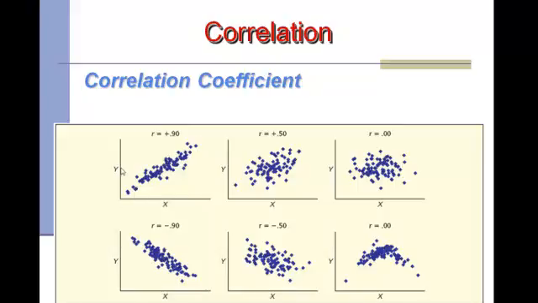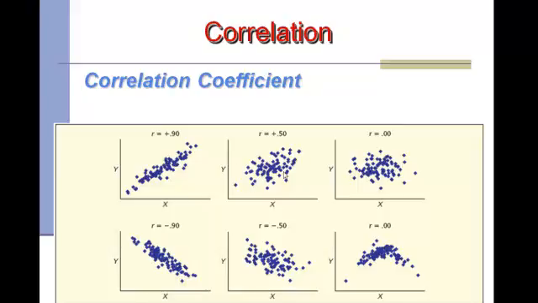You can see that X and Y are very positively related as they tend to slope upward as the values rise. They both rise. Here we've got a correlation coefficient of negative 0.90, showing that the data are negatively related. They're closely related, but as one rises, the other one falls.